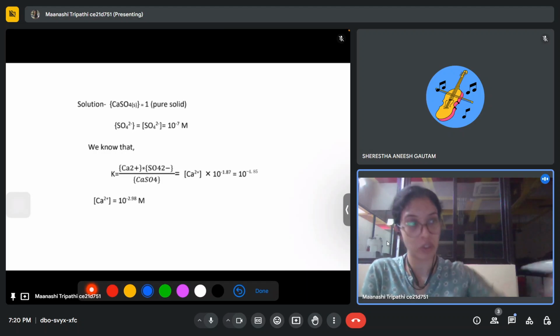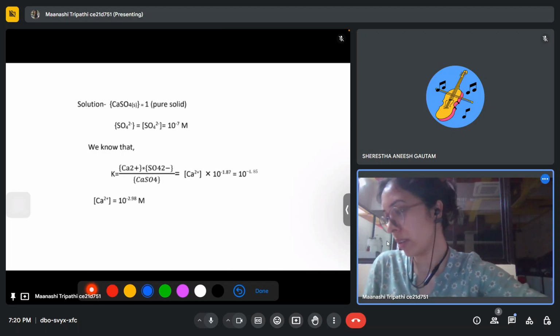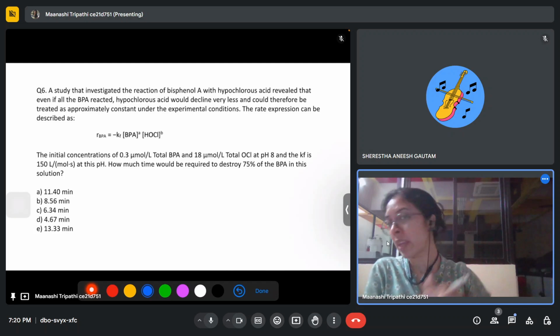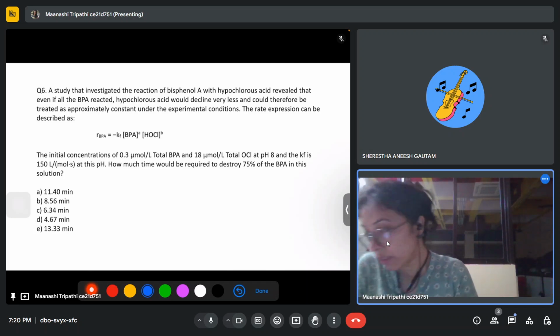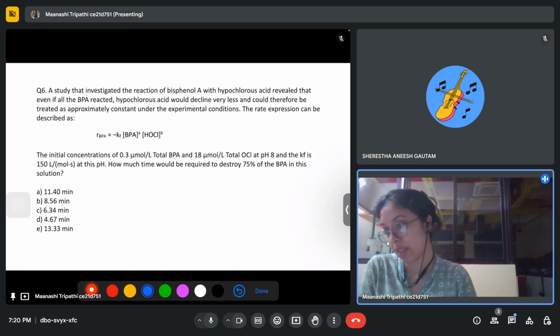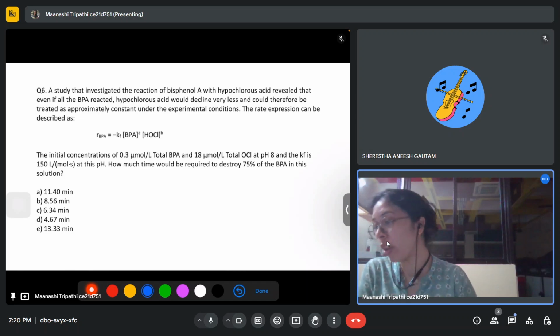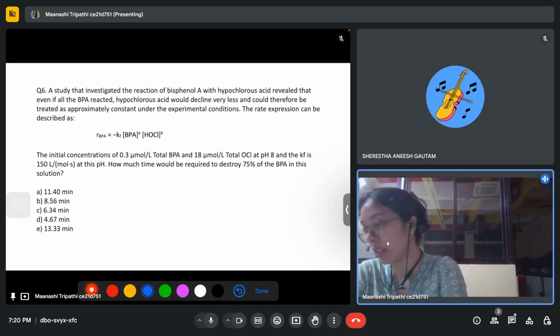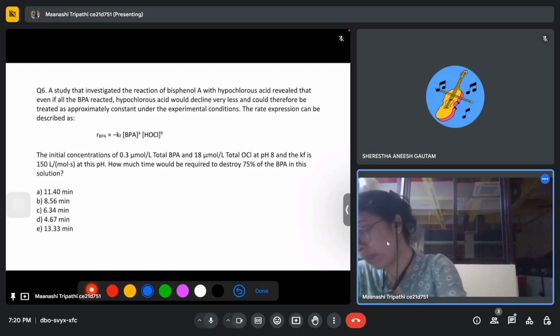So moving towards the next question. A study that investigated the reaction of bisphenol A with hypochlorous acid revealed that even if all the BPA reacted, hypochlorous acid would decline very little and could therefore be treated as approximately constant under the experimental conditions. The rate expression can be described as, so this is our rate expression.